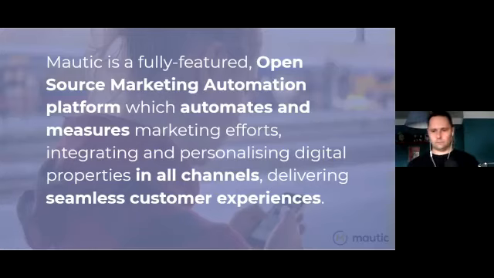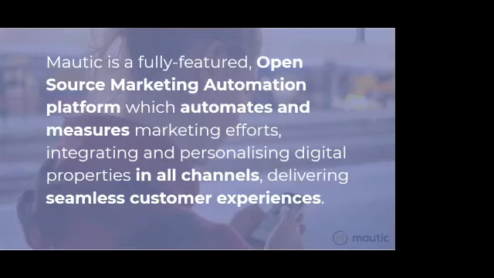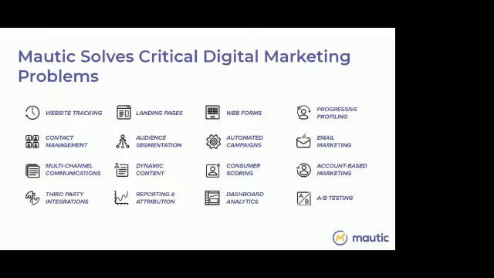Mautic is an open source marketing automation platform that helps you automate and measure your marketing efforts, also integrating and personalizing digital properties across all channels, and helps you create seamless customer experiences. The good thing about it is that it's open source. You can customize it to your need. You can contribute back to the code base, and that makes it a lot more useful for everyone, and for every other person that will use it afterward.